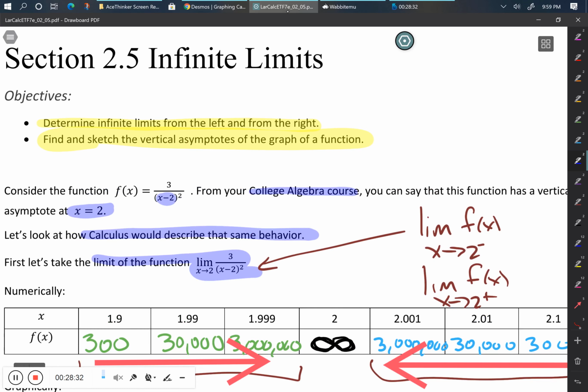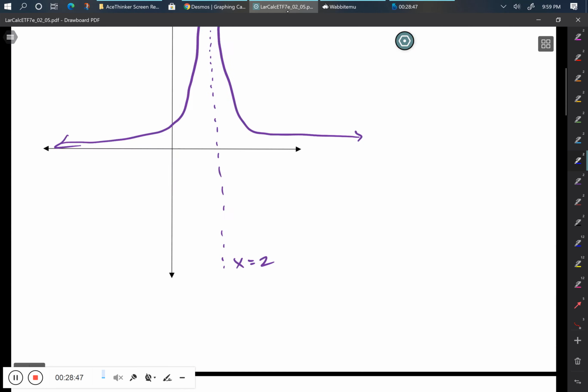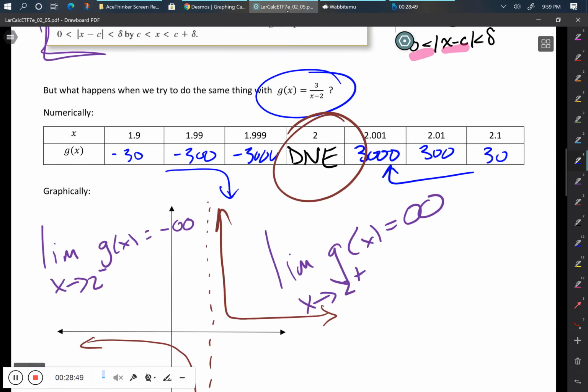In section 2.5, we're going to talk about infinite limits. Basically, we're taking something you already know, giving it a calculus name. We're taking vertical asymptotes that you studied in college algebra, and we're giving it a calculus definition. And what's the calculus definition?